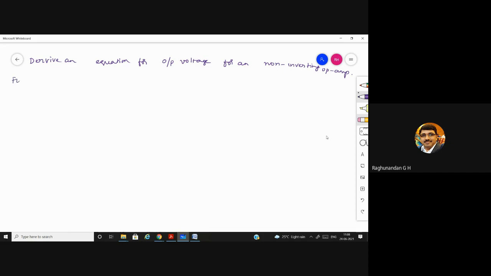Find the gain of the amplifier if RF is equal to 12 kilo ohm, R1 is equal to 2 kilo ohm. See here, they are asking derivation as well as the problem. So they can combine like this.